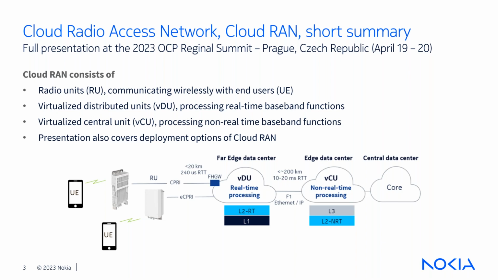The presentation also covers different deployment options of Cloud RAN, showing how you can locate those VDUs and VCUs. Those can be closer to the radio unit, or further away within certain limitations.